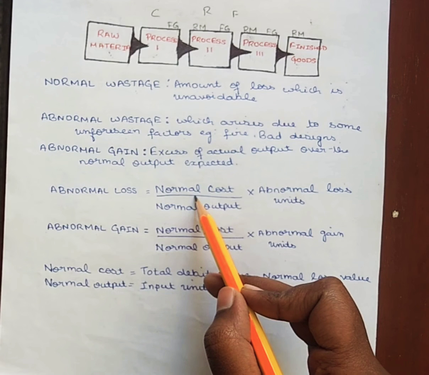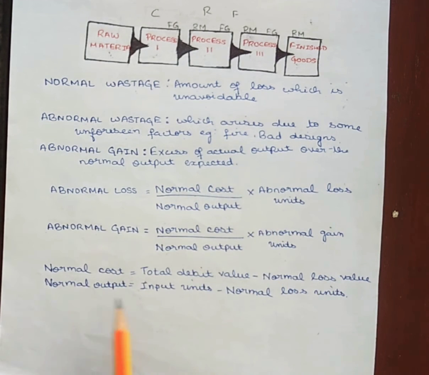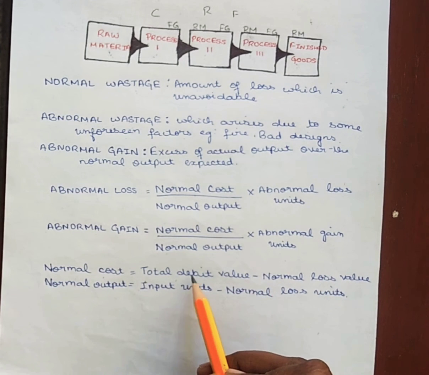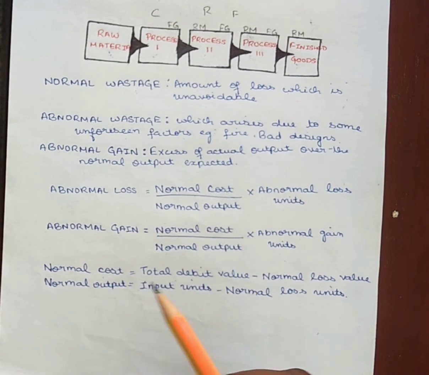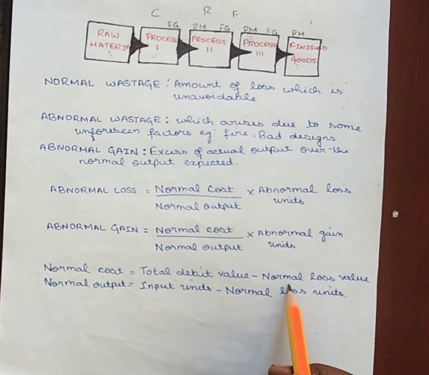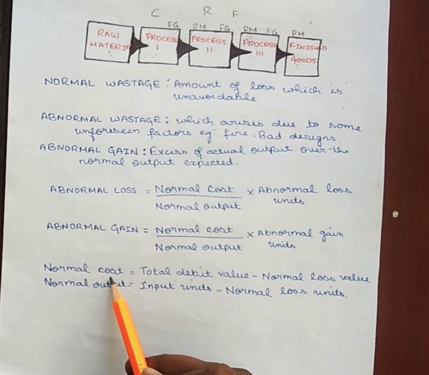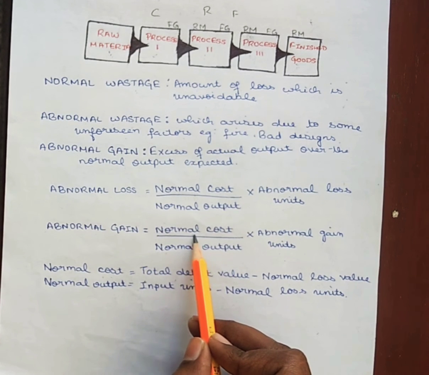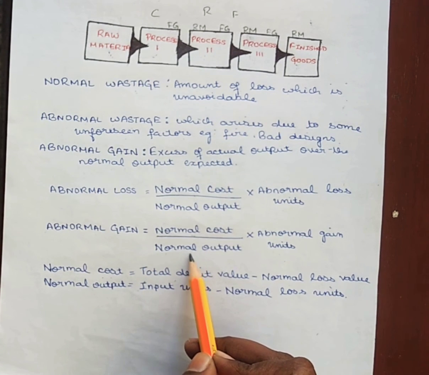But how do we calculate the normal cost? Look here. Normal cost is nothing but total debit value minus normal loss value. Total debit value, as I have already mentioned, all the expenses will appear on the debit side. Total debit value is nothing but the expenses minus your normal loss, which will give you the normal cost. Now how do we find out this normal output?